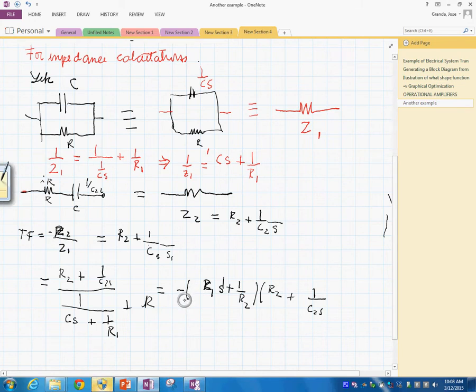Now you could simplify this, and to simplify this would be an R2 C sub 1 S times R1 of S, and then you have C sub 1 R1 of S, and then you have plus R sub 2 C sub 2 S, and then plus 1.